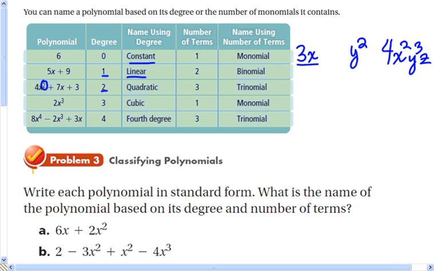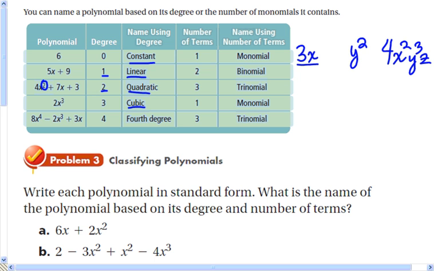And when that happens, we call it a quadratic. And those words are based on the kind of function you get when you have that. If it's a third-degree polynomial, then it's a cubic. If it's a fourth-degree polynomial, it really has no name anymore. We just call it a polynomial, fifth degree, sixth degree, anything beyond that.